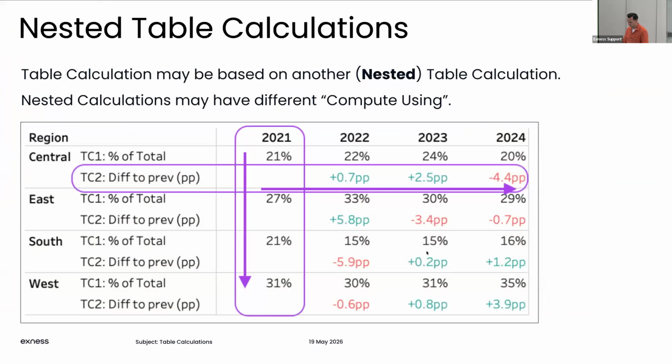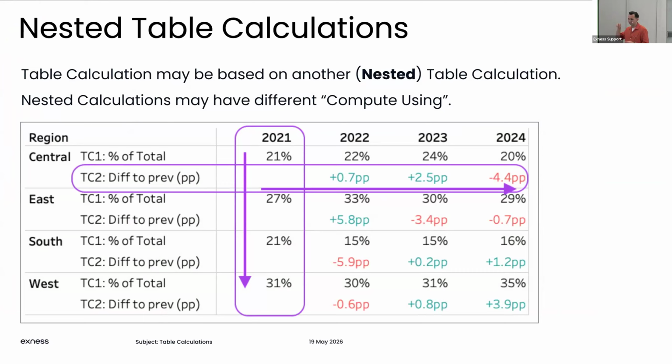Last but not least, nested table calculation. It's really quick and easy, but sometimes it is missed because, again, it is not very visible from the interface of Tableau Desktop that we have such an opportunity. The idea is that the table calculation is called nested.